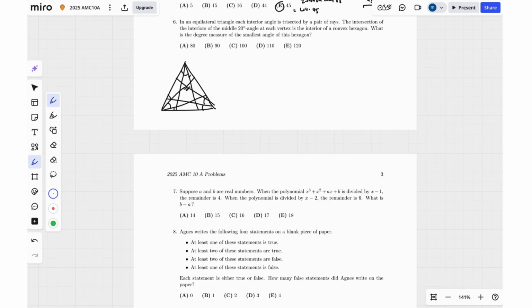So we know that this angle is 180 minus 40 minus 40 equals 100. And this angle, if we focus on this triangle, is 180 minus 20 minus 20, which is 140. And so by symmetry, if we focus on the other ones, we can find that all of the angles are 100 or 140. So that means the smallest one is 100, so C.